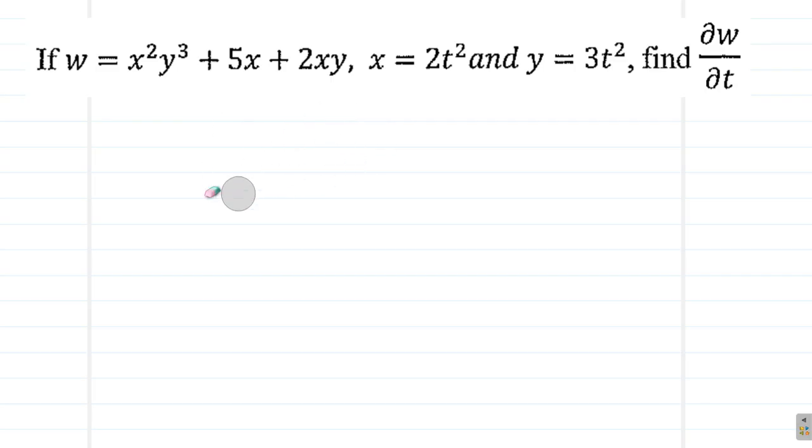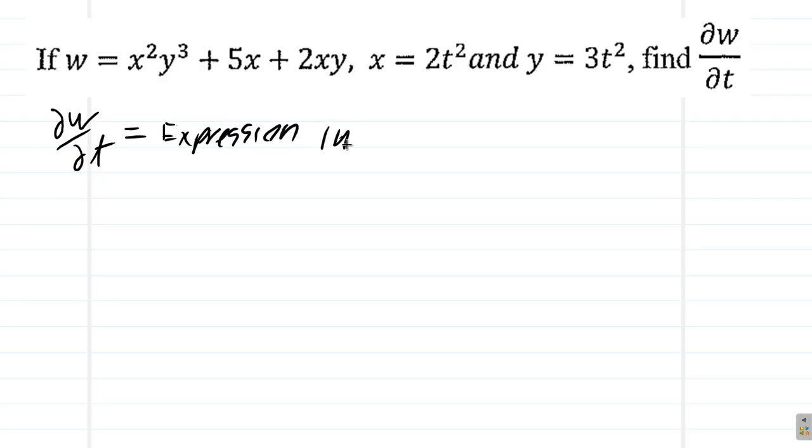Try to do the same thing with this, so that you have partial w by partial t equal to an expression in t, so that you have numbers and t. So write this down, pause the video, write it down, and find the partial derivative of w with respect to t. Okay, so you're finished.